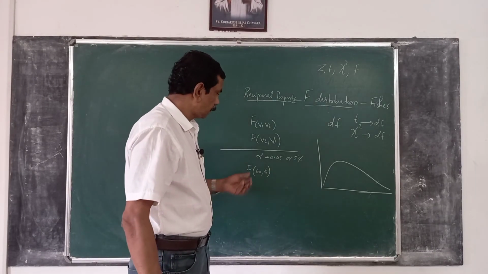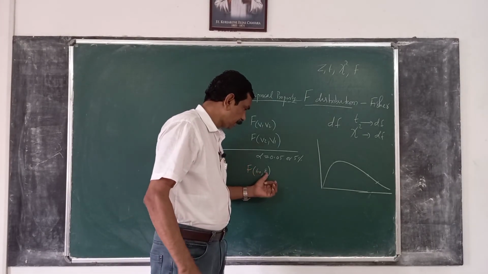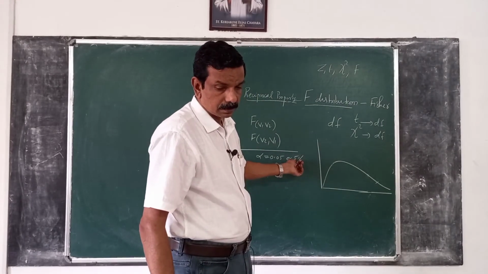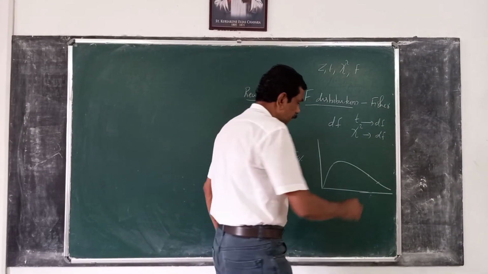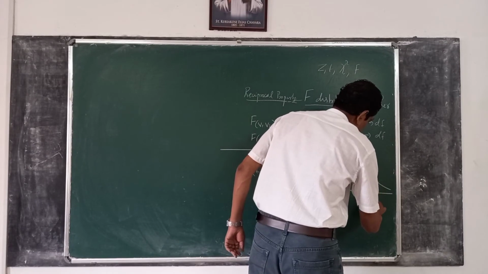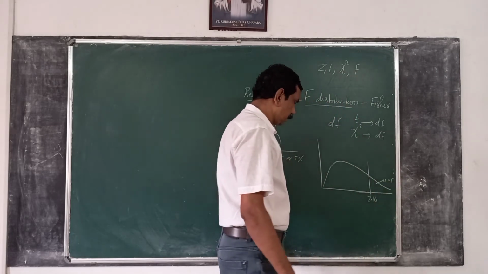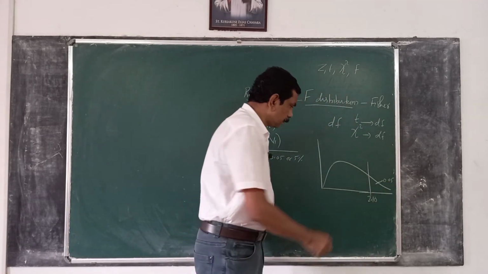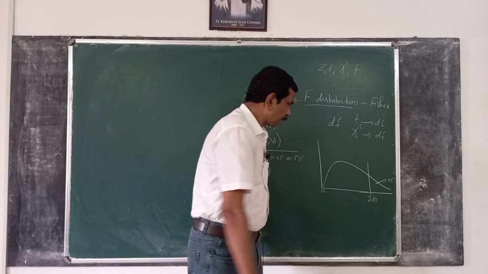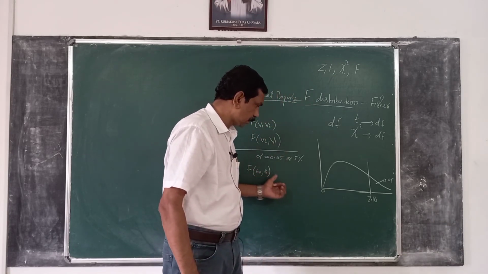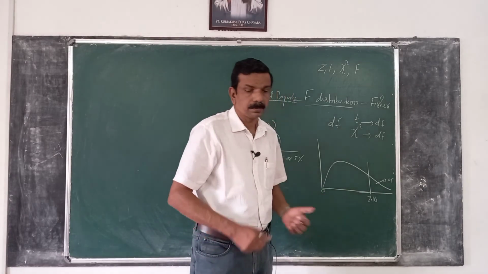From the table, the F value for alpha 0.05 is 2.10. That means 95% of F for degrees of freedom 60 and 8 is from 0 to 2.10.